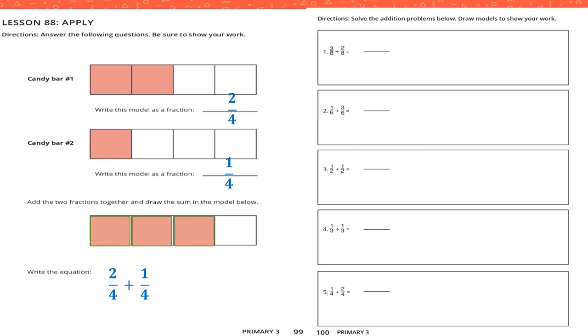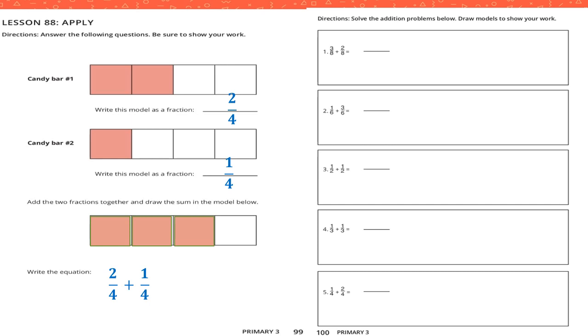We said to add 2 fractions, we have 2 steps. Step 1: put the denominator as it is. It's the same denominators, so put the denominators as they are. Step number 2, add the numerators together. 2 plus 1 equals 3.